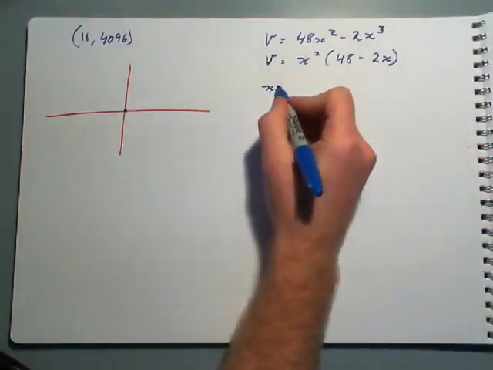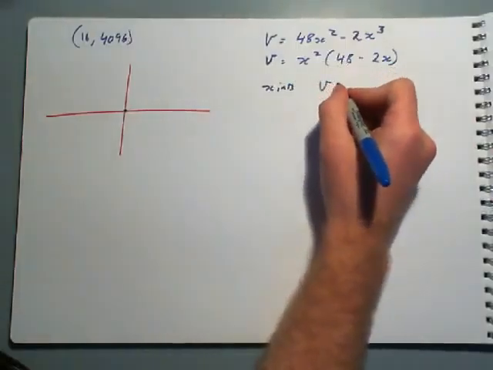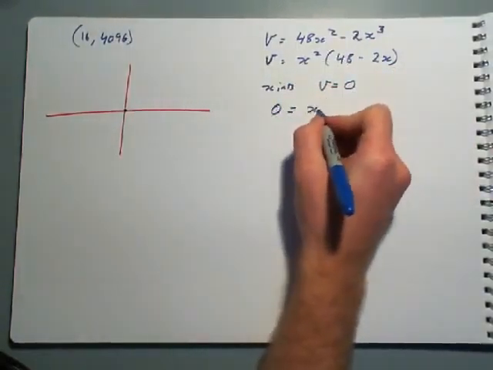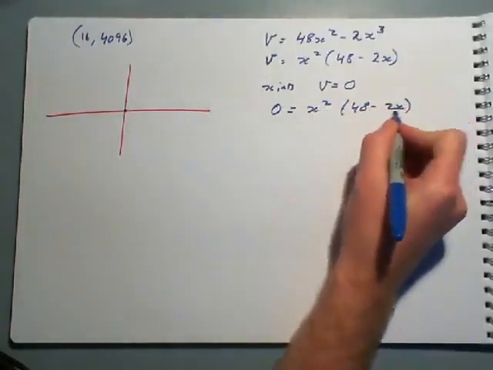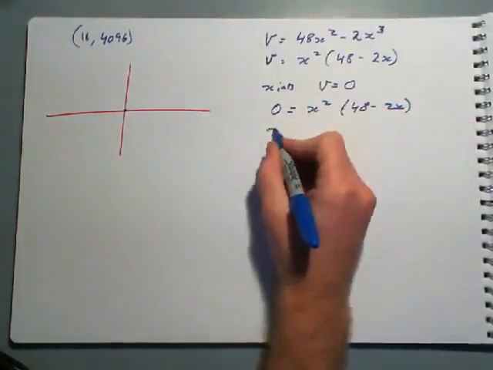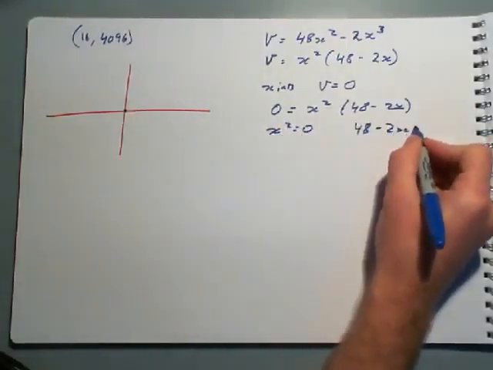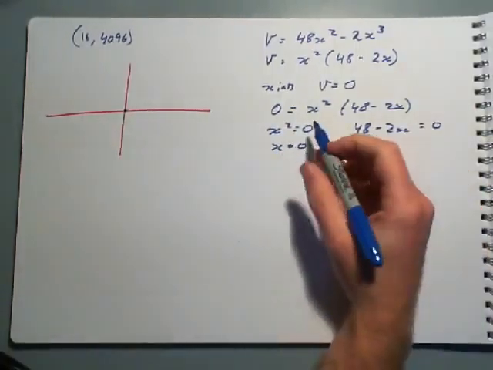Now x-intercepts, we find when V is equal to 0, so 0 equals x squared times (48 take 2x). So either x squared has to be 0 or 48 take 2x has to be 0. So we have x equals 0.